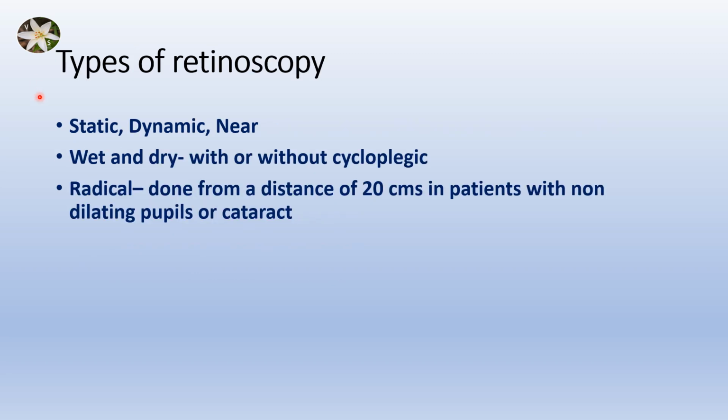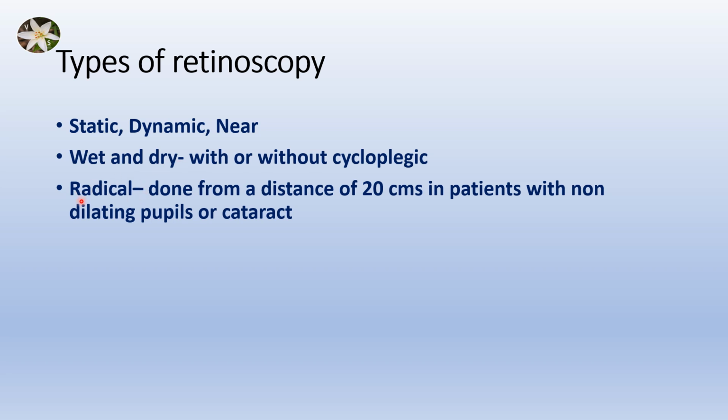We have discussed the basics and the procedure of retinoscopy. There may be some slight variations in how we do the retinoscopy depending upon where we ask the patient to focus. It may be static, dynamic, or just for near. It may be wet or dry. Wet is with cycloplegia and dry is without cycloplegia.